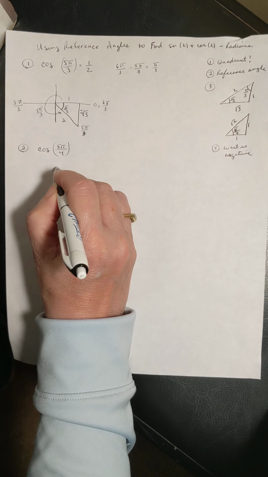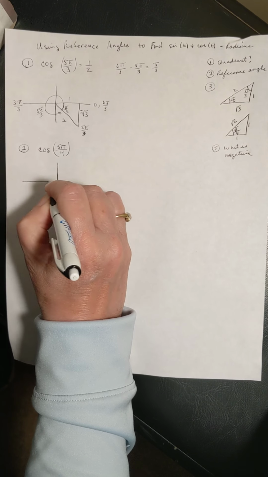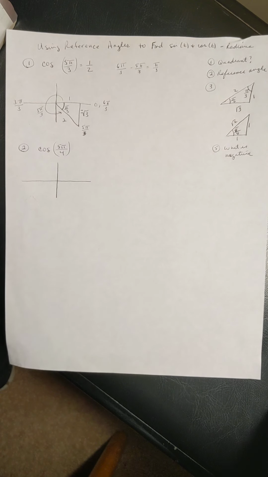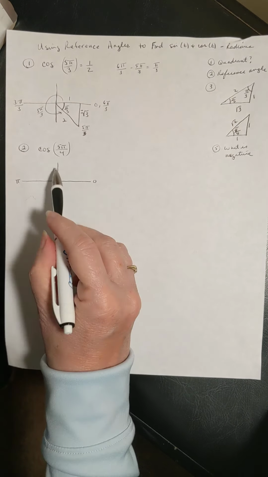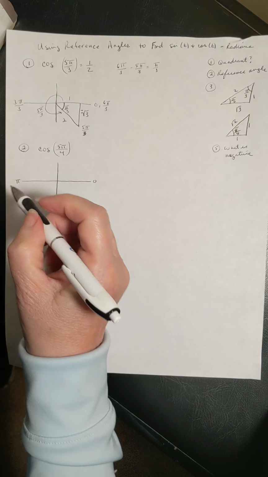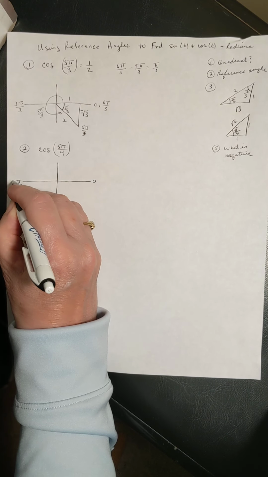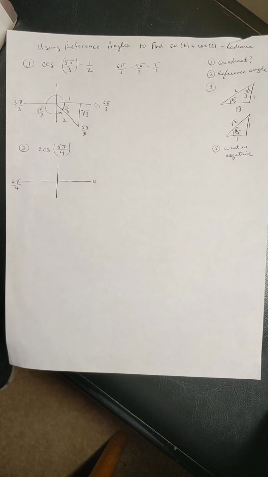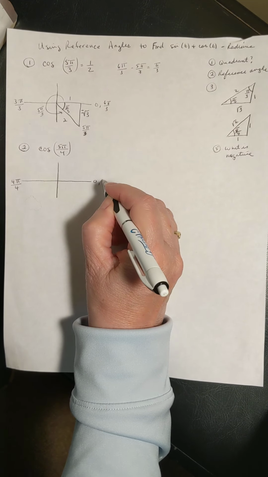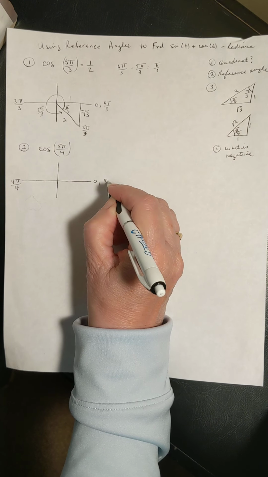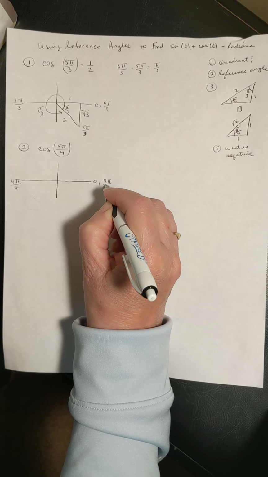Right? So, again, I draw my axes. This is 0, and this would be pi. I want my denominator to be 4, so multiply numerator and denominator by 4. So I have 4 pi over 4. And then over here, this would be twice that. And so 2 times 4 is 8, so 8 pi over 4.